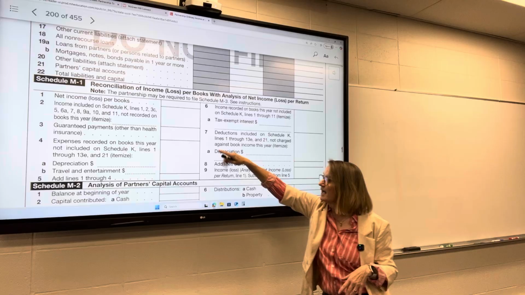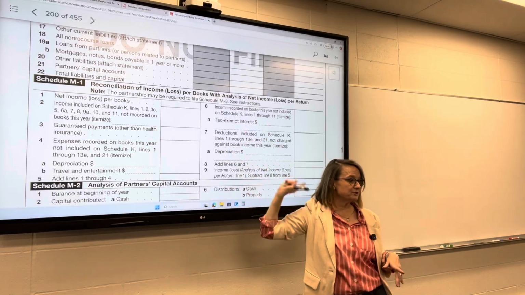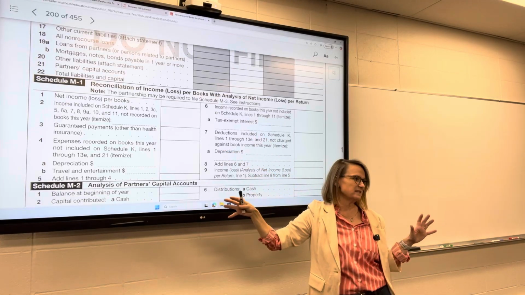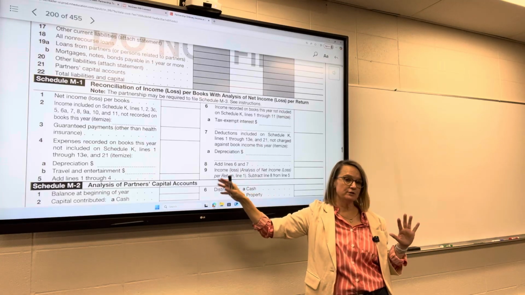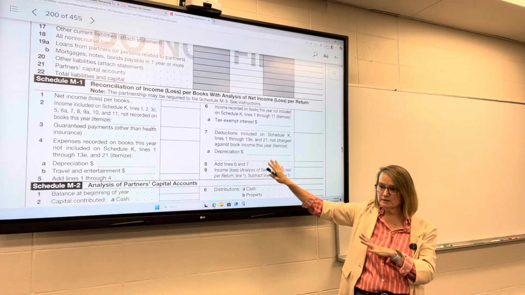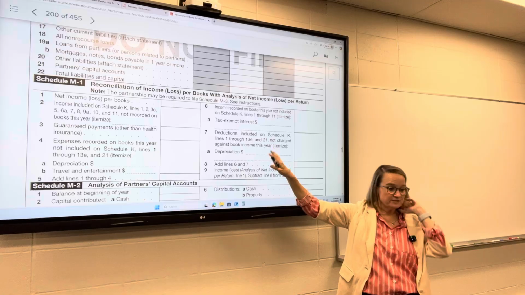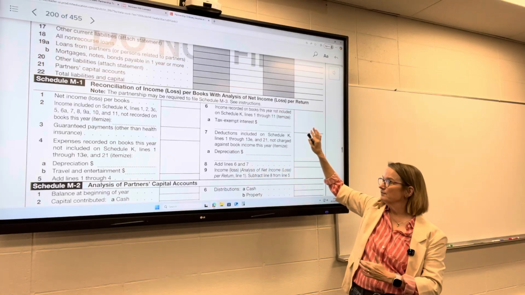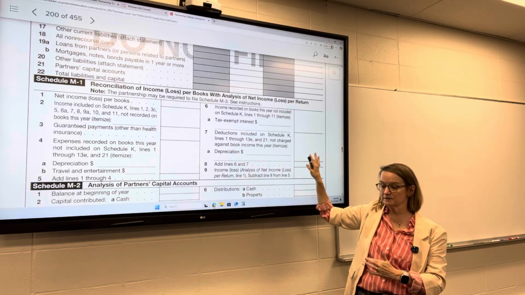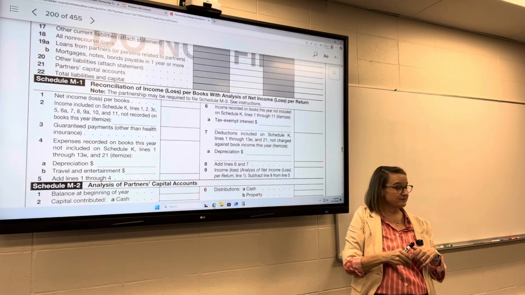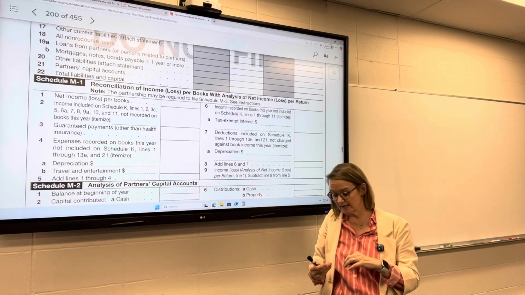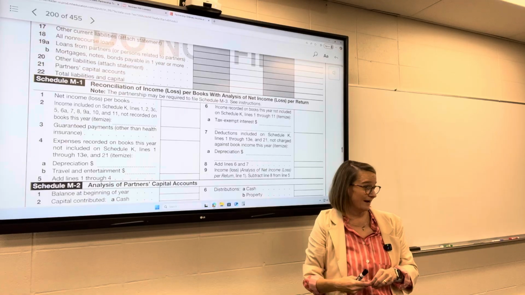So you start with that, you make all these adjustments plus or minus, and we're going to go into this even more in the next chapter. I will tell you that this part is probably what gives students the most consternation, figuring out this M1. It also creates a lot of headache for accountants that are doing it.